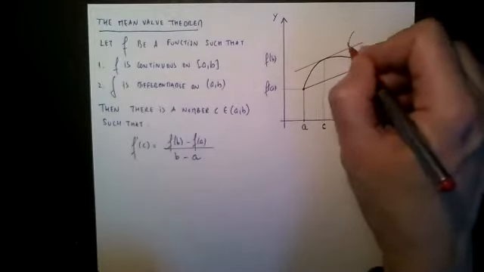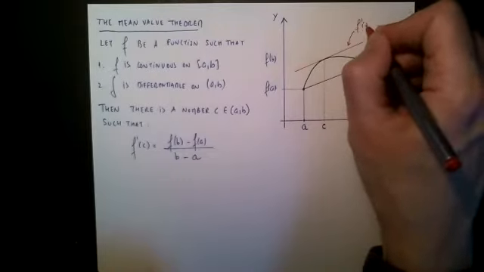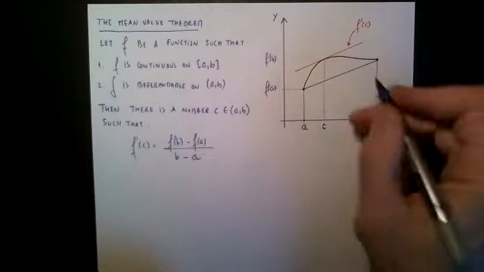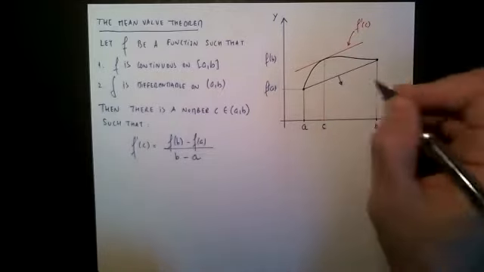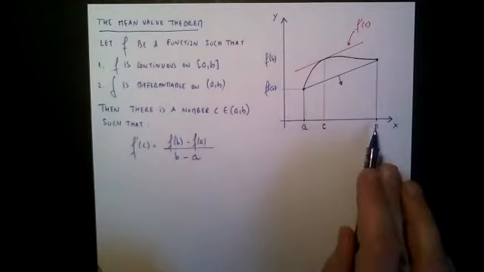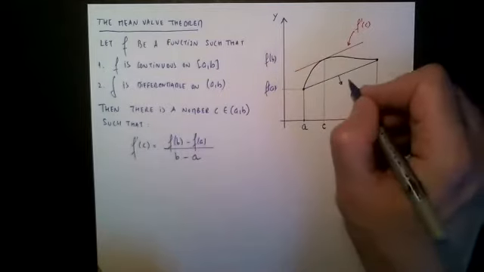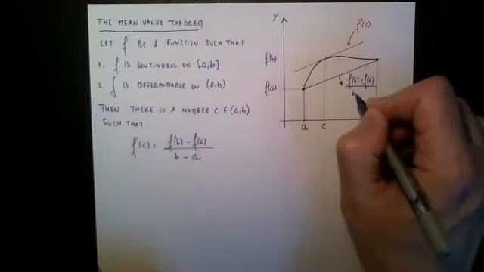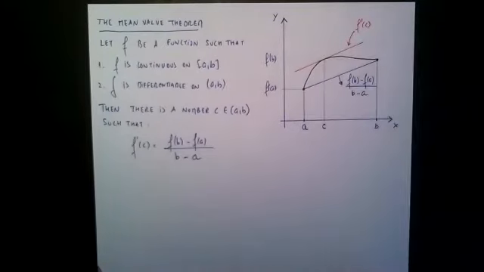Okay, so the slope here is f prime of c. And of course, the slope here, well, it's a line, so y2 minus y1 over x2 minus x1. So this would be f of b minus f of a over b minus a. Any question?